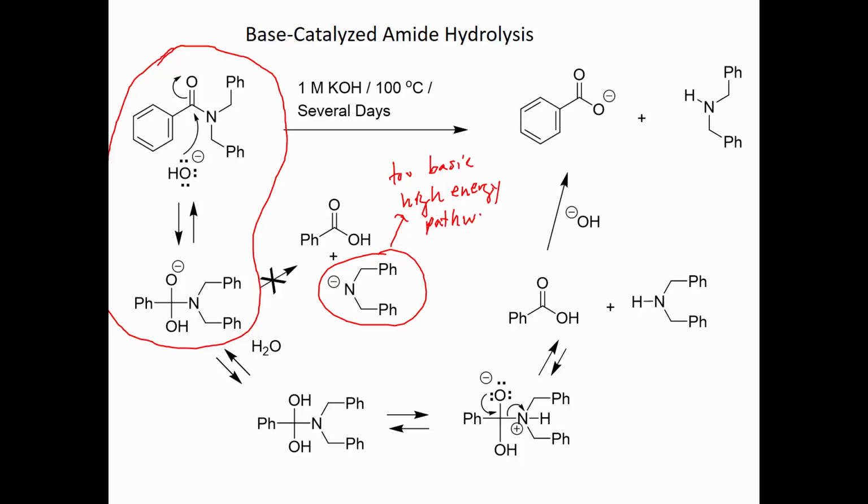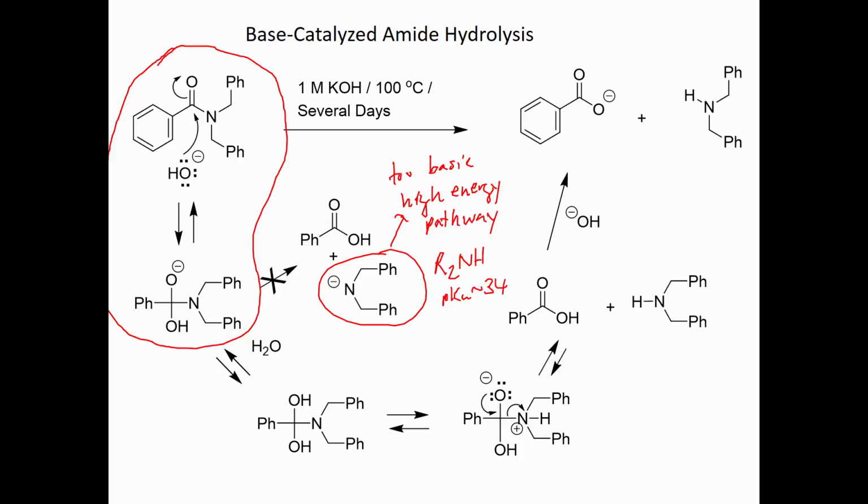So it's tempting to do that, but that's not the right way to go, because remember that the amines themselves have pKa's of around like 34 or something like that. So this anion here is just way too basic to just simply generate from an alkoxide like that. All right, so that's not how we do it.